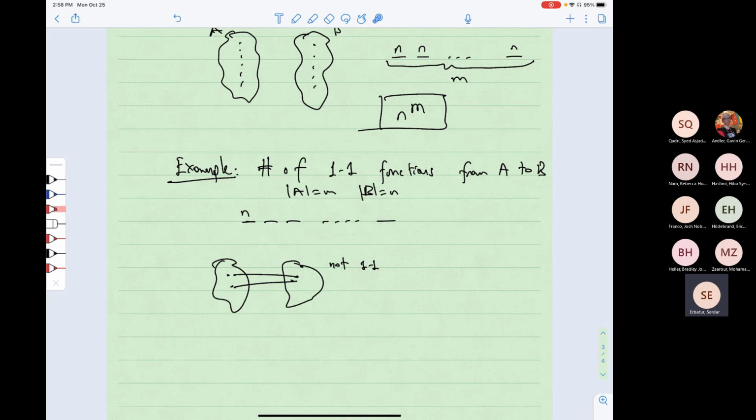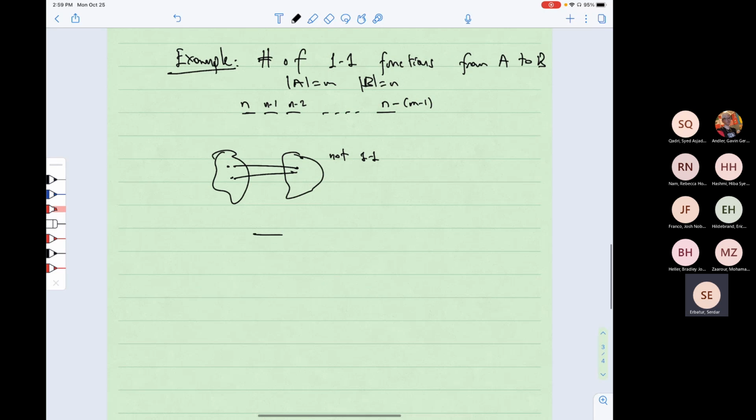So the second element could be mapped to any one of the remaining n-1 elements. Right now, one-to-oneness is still preserved. Next, n-2, and the last element in A could be mapped to any one of the available n-m+1 elements.